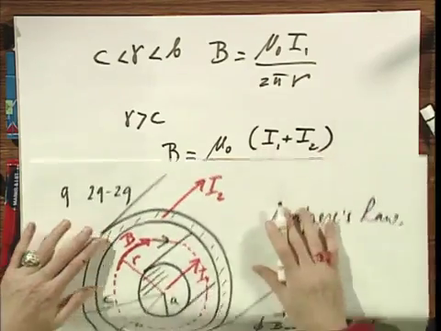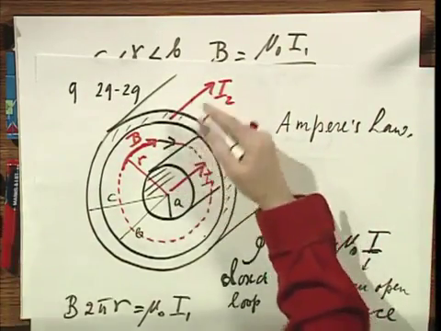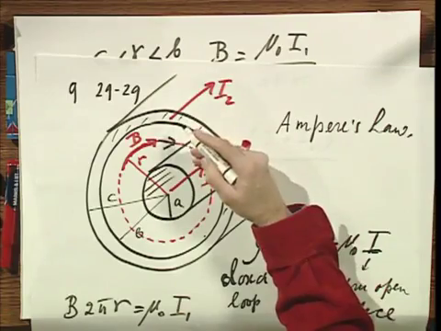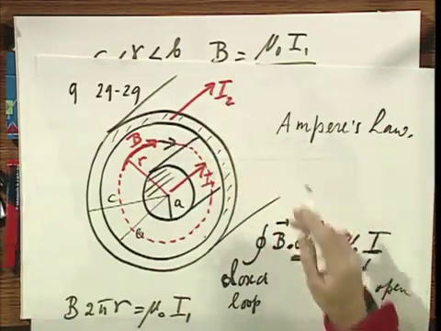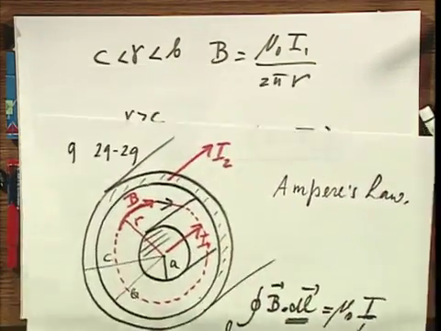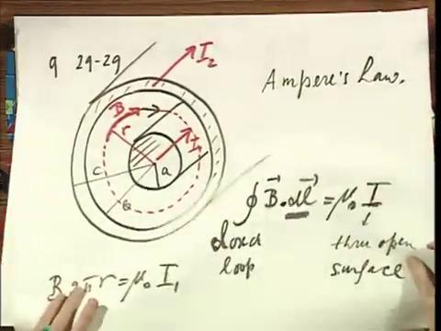And if I1 and I2 are the same in magnitude, but in opposite directions, then obviously the net result will be 0.